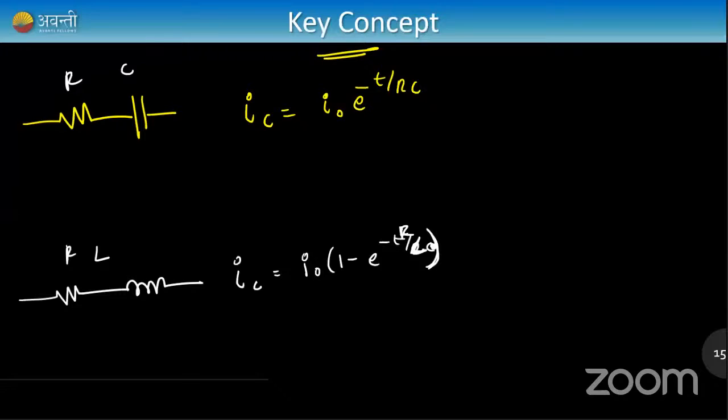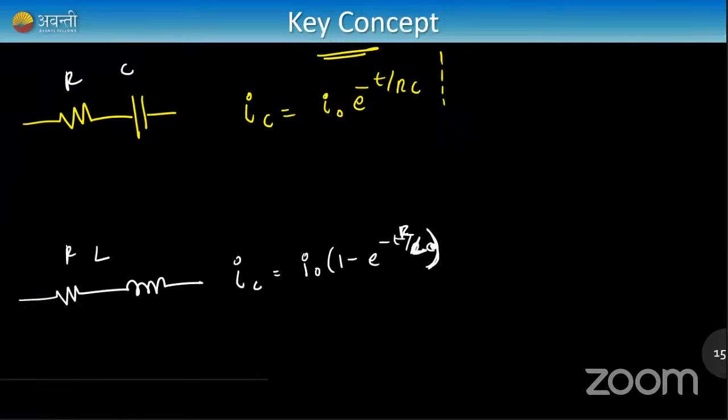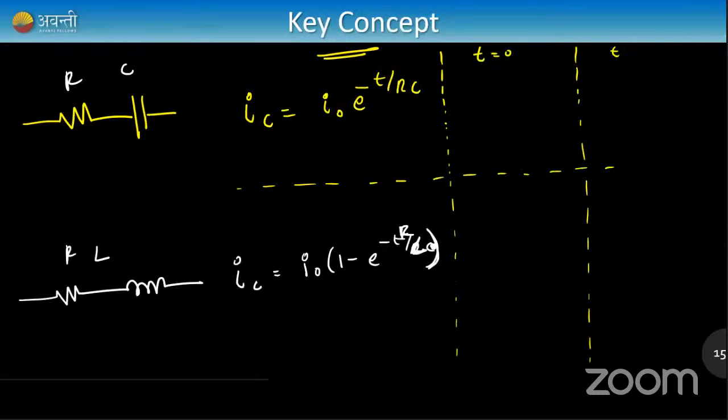Okay, so pay attention. The key concept I'm trying to use is very simple. I'll put time t is equal to 0 now. I'll be doing it for two different situations. One is at time t is equal to 0. Guys, can you tell me, by substituting t is equal to 0, what will be the value of the current IC?